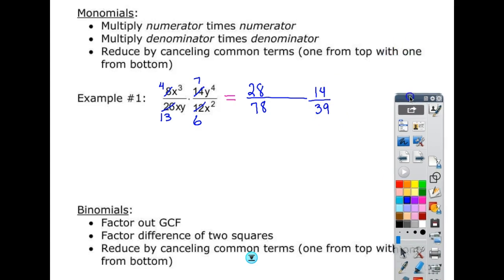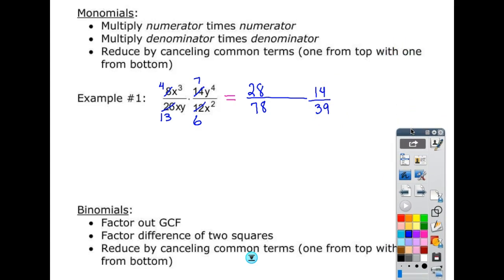Okay, so now let's look at our variables. To multiply, you go across the top. So x to the third and y to the fourth, they don't mix because they're different variables. But on the bottom, in the denominator, we have an x and an x squared, which would make x cubed, or x to the third power, and then we have a y.